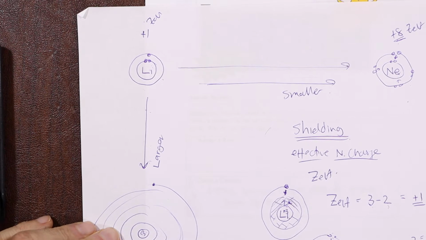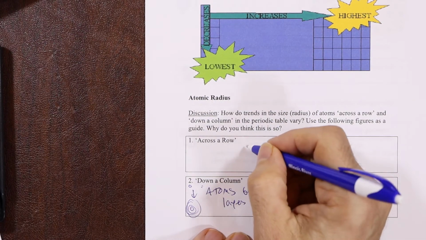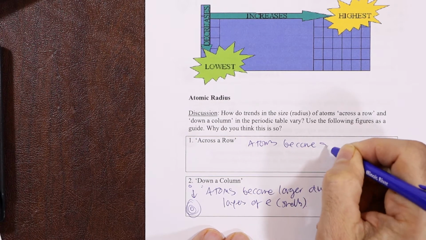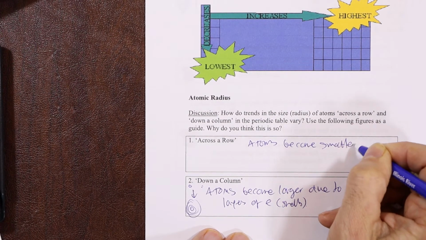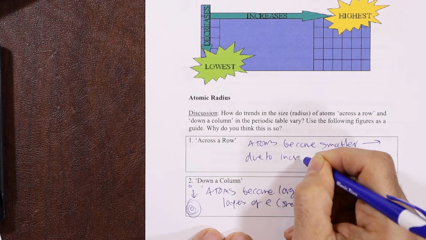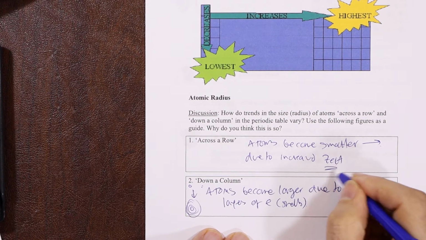Now that's counterintuitive, isn't it? Atoms get smaller across a row, but it's true. So let's write that down. Across any row, atoms become smaller due to increased ZEF, effective nuclear charge.